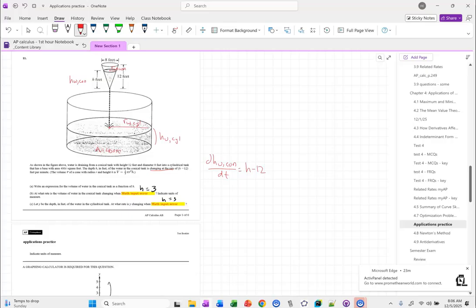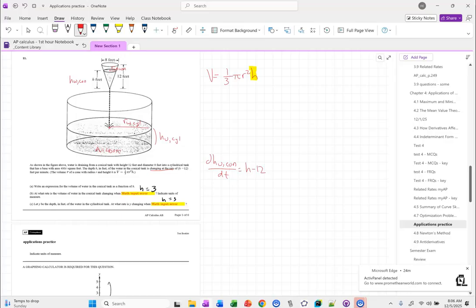Write an expression for the volume of water in the conical tank as a function of h. This first question is not a calculus question. Rather, it's like a geometry question. So there's my volume of a cone. It's got an h in it, right?